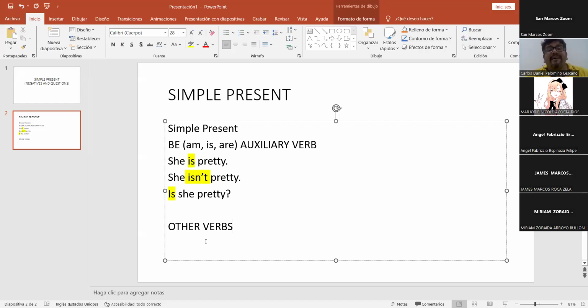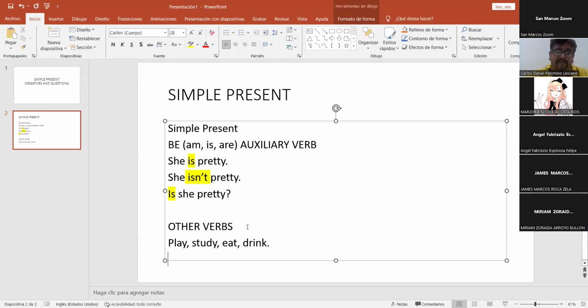Ahora, ¿qué pasa con el resto de verbos? Bien, other verbs. With other verbs, for example, let me write four common school verbs. For example, play, study, eat, and drink. And let me make an example, an affirmative sentence with one of them.